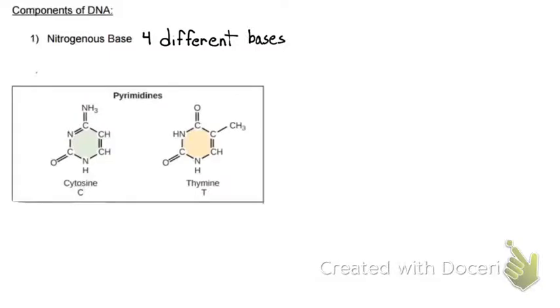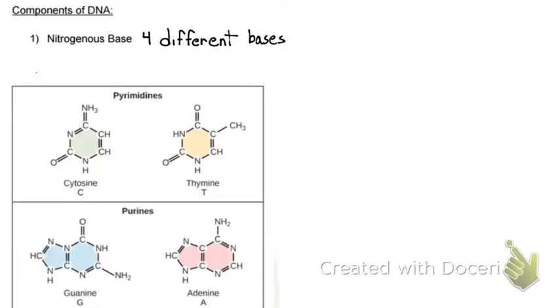The components of DNA, there are three. There are nitrogenous bases. There are actually 4 different nitrogenous bases. Those 4 different bases are broken up into 2 categories. There are pyrimidines. Pyrimidines consist of the base cytosine and the base thymine, and they have a single nitrogen ring.